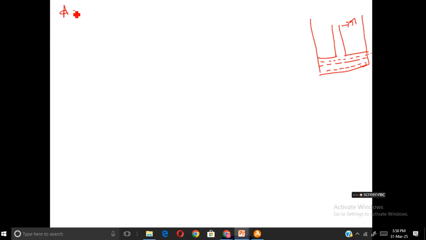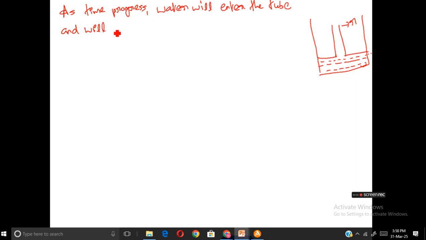So as time progresses, if we keep this tube inside the liquid surface, water will enter the tube and will rise to a height h.